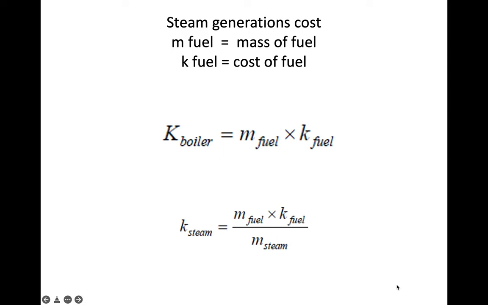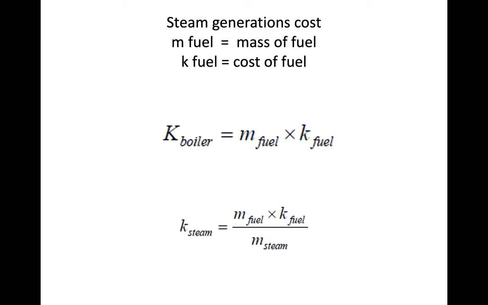Mass of fuel multiplied by cost of fuel. Next, we can also calculate the cost of steam. Cost of steam is M fuel multiplied by K fuel divided by mass of steam.